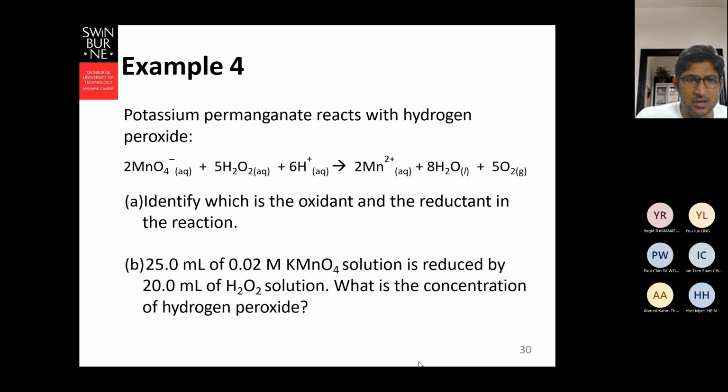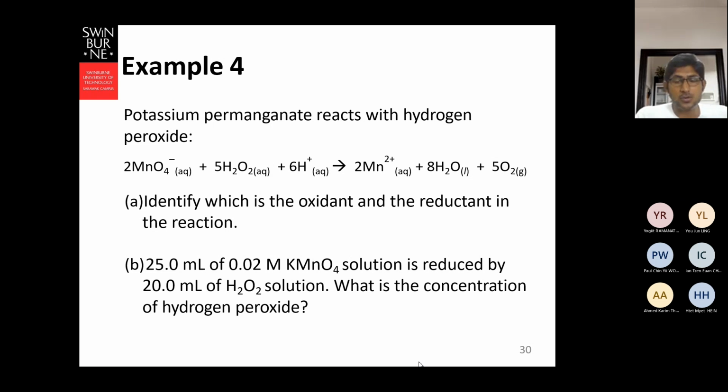So 25 milliliters of 0.202 molar potassium permanganate solution. This permanganate ion is coming from potassium permanganate actually, right? It is reduced by 20 milliliters of hydrogen peroxide solution. What is the concentration of hydrogen peroxide?